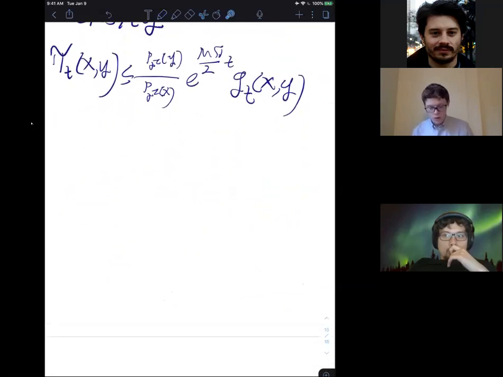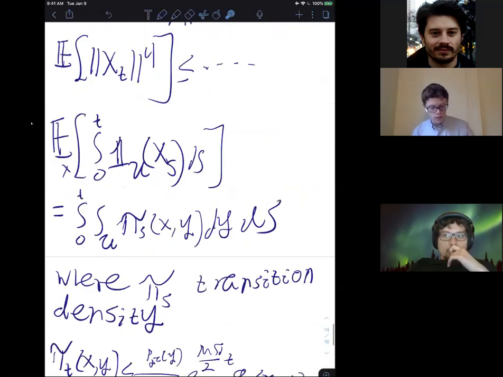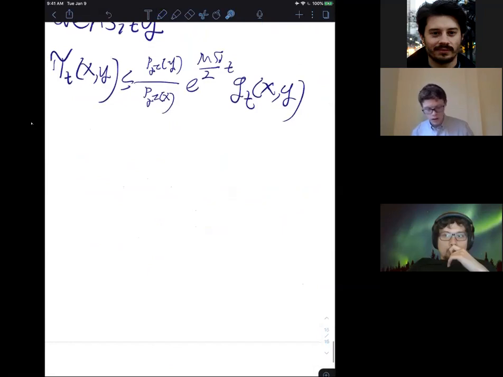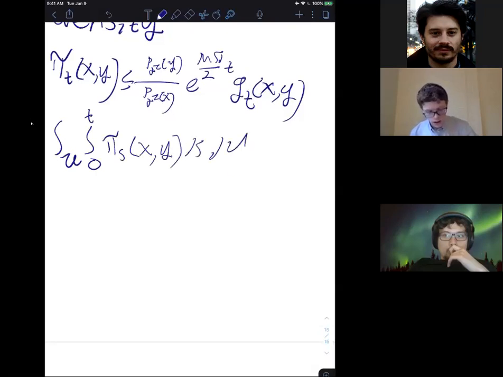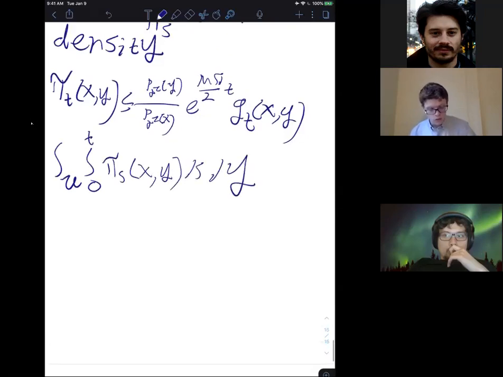Where were we? We were still trying to bound this occupation time. So we have that the integral over U of the integral from 0 to t of pi_s of x, y, ds, dy is less than or equal to what we just found.